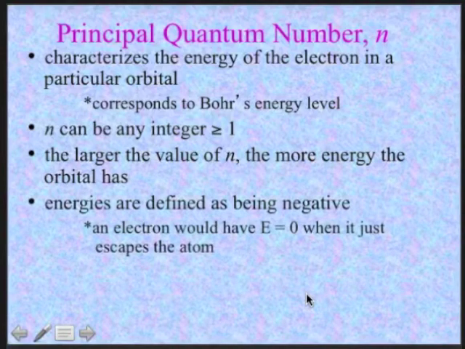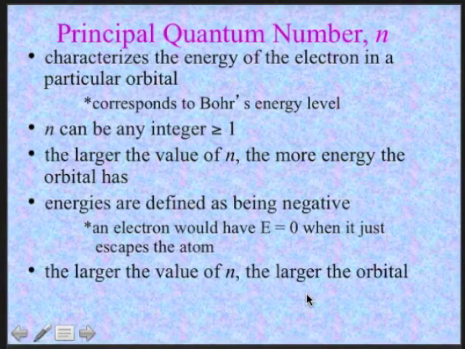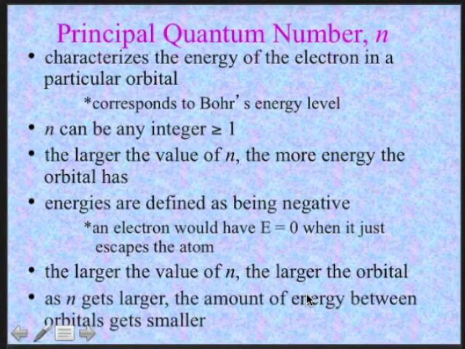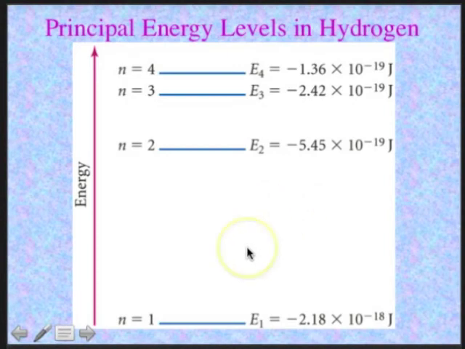Energies are defined as being negative. An electron would have E equals 0 when it completely escapes the atom. The larger the value of n, the larger the orbital. And as n gets larger, the amount of energy between orbitals gets smaller. We've talked a little about this when we looked at the energy levels in Bohr's model, but it also applies here.